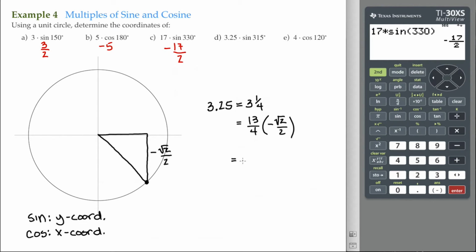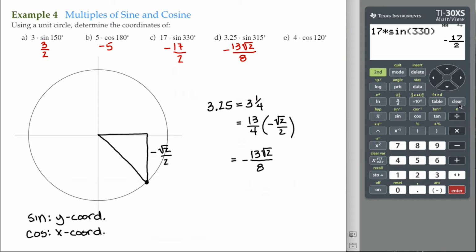And of course, I'm going to have negative 13 root 2. 13 times the square root of 2 is 13 root 2, and 4 times 2, that's 8. So 3.25 times the sine of 315 degrees, that's negative 13 root 2 over 8.